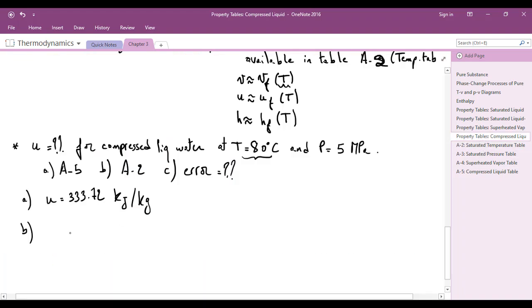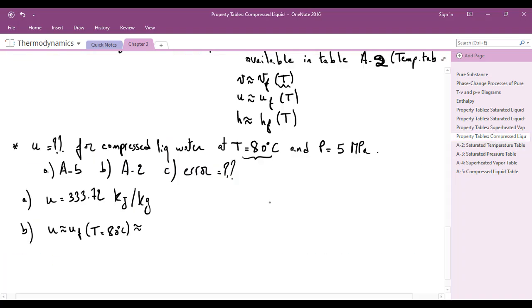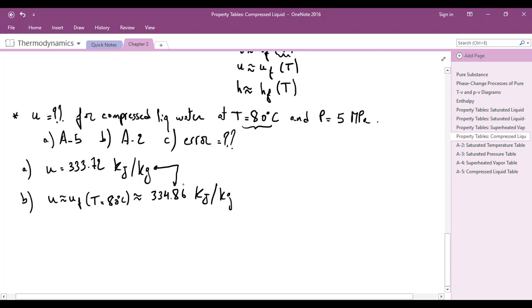So U is approximately equal to Uf at T equal to 80 degrees Celsius, and is equal to 334.86 kilojoule per kilogram. As you can see, this value is very close to the more accurate value, 333.72, so we have a difference of about 1 kilojoule per kilogram.